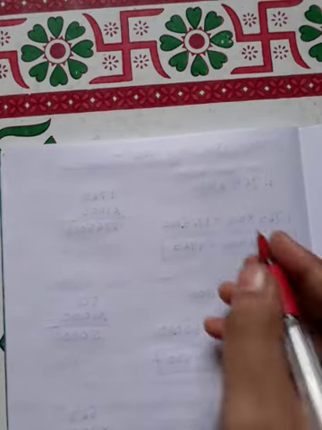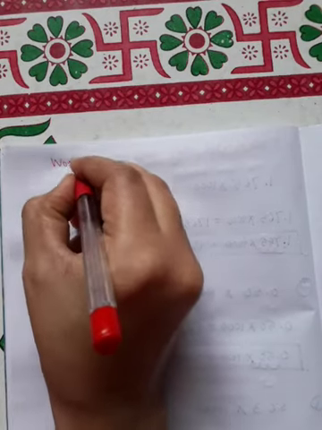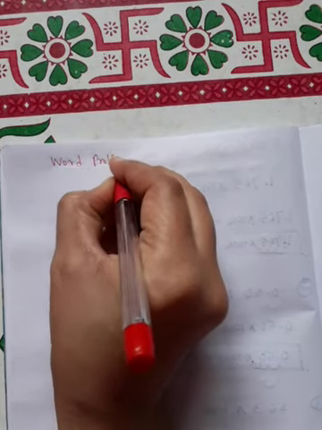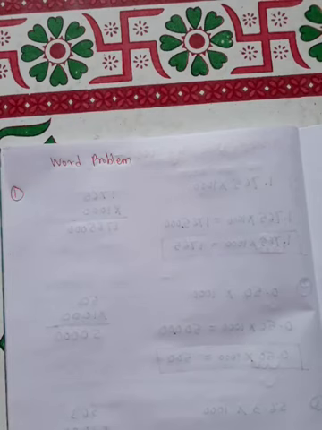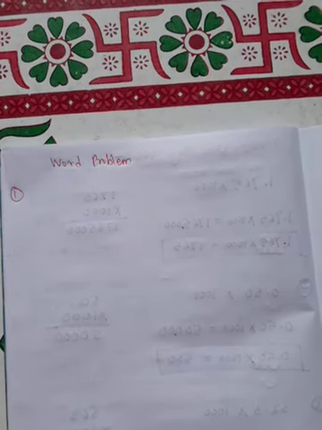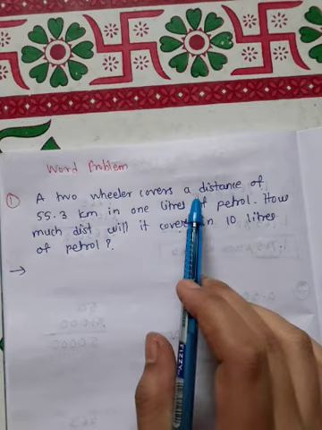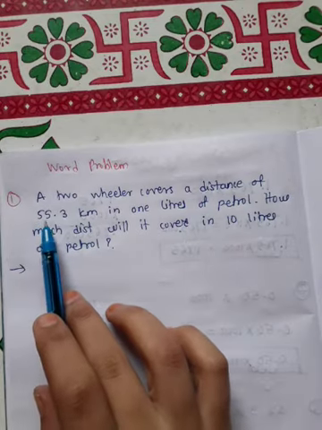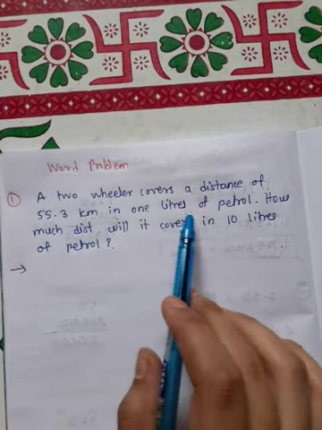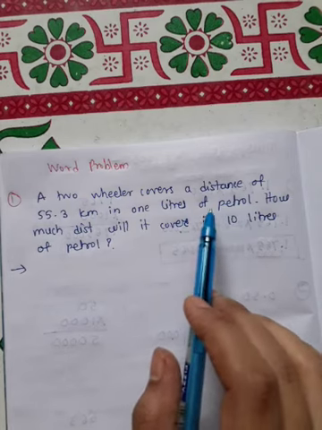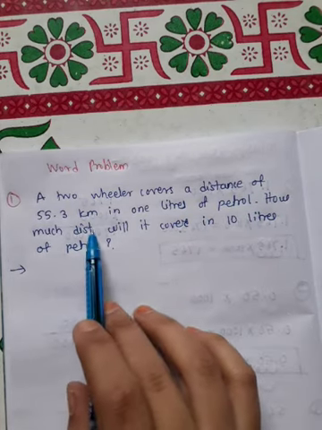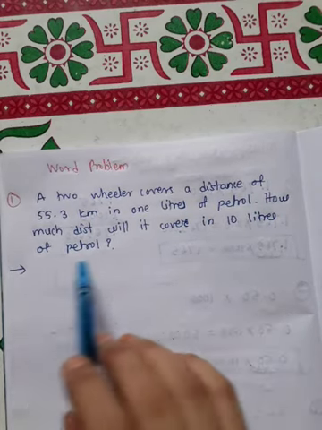So the first word problem is: a two-wheeler covers a distance of 55.3 km in 1 liter of petrol. Then we have to find how much distance it will cover in 10 liters of petrol.